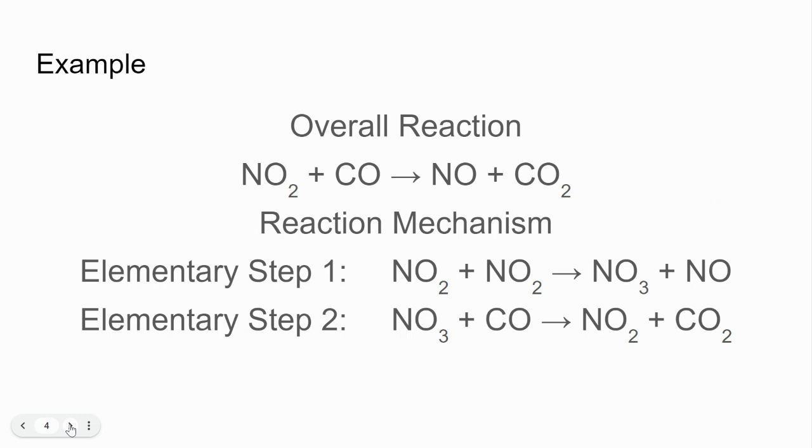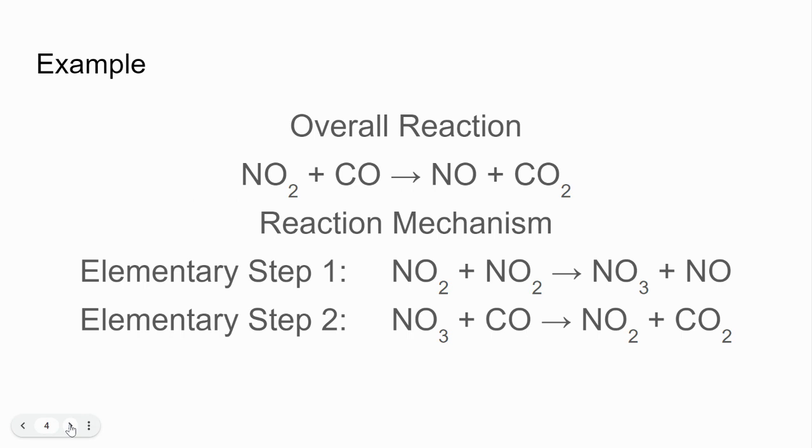So the reaction, nitrogen dioxide reacts with carbon monoxide to produce nitrogen monoxide and carbon dioxide, is just a summary. That overall reaction actually takes place in two elementary steps. In step number 1, two nitrogen dioxide molecules react and form a single nitrogen trioxide and one nitrogen monoxide molecule.